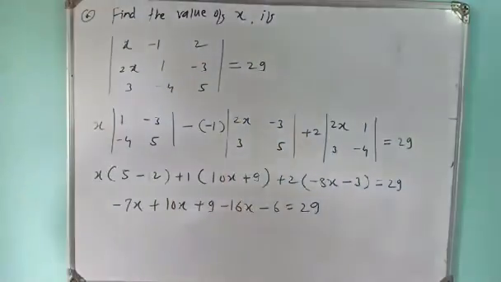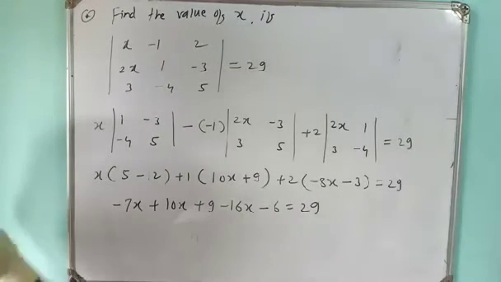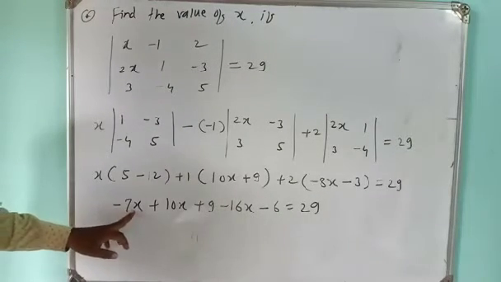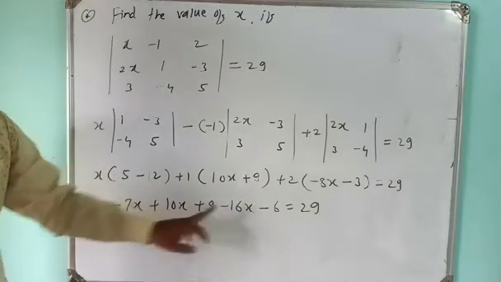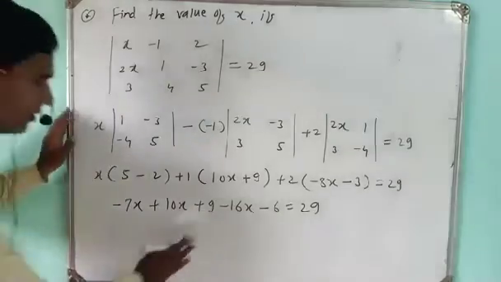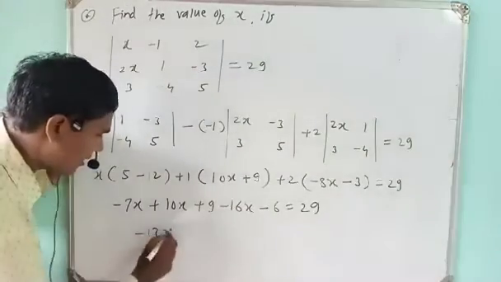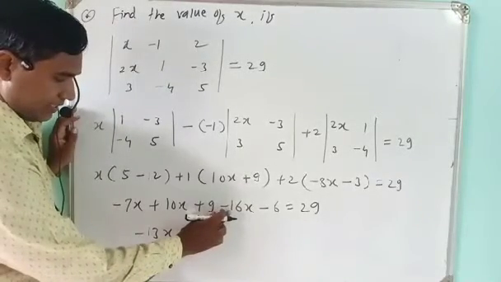So let us solve it. Elements are very clear. So what happens now here? It is nothing but minus 7x minus 16x. Yes, here 7x goes from 10x, and 16x from 3x, how much? Minus 13x, isn't it? Minus 7x minus 16x.